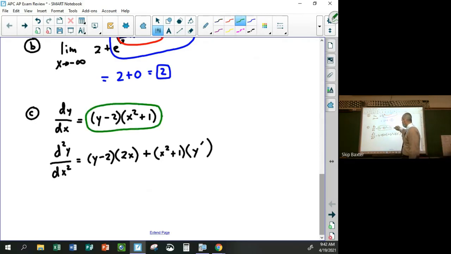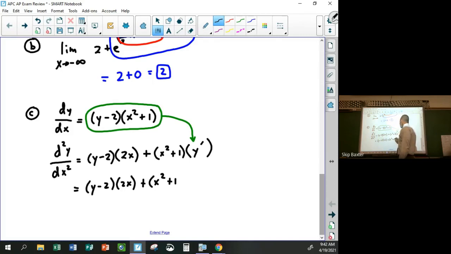This is y prime right here. That goes there. So the second derivative is really y minus 2 times 2x plus x squared plus 1 times y minus 2 times x squared plus 1. Is everybody okay with that?